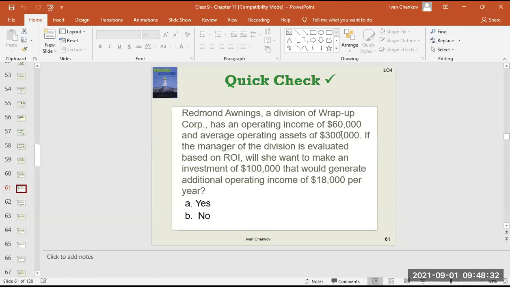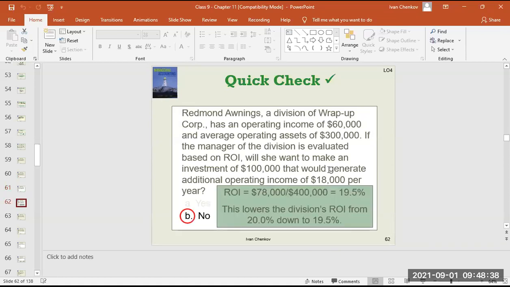No, because you're going to be making less money. Here the computation includes all those things, but obviously you're going to make less, so the overall return on investment is going to go down. They're adding 18,000 to 60,000 and 100,000 to 300,000, so it becomes 78,000 divided by 400,000, which is 19.5% overall.